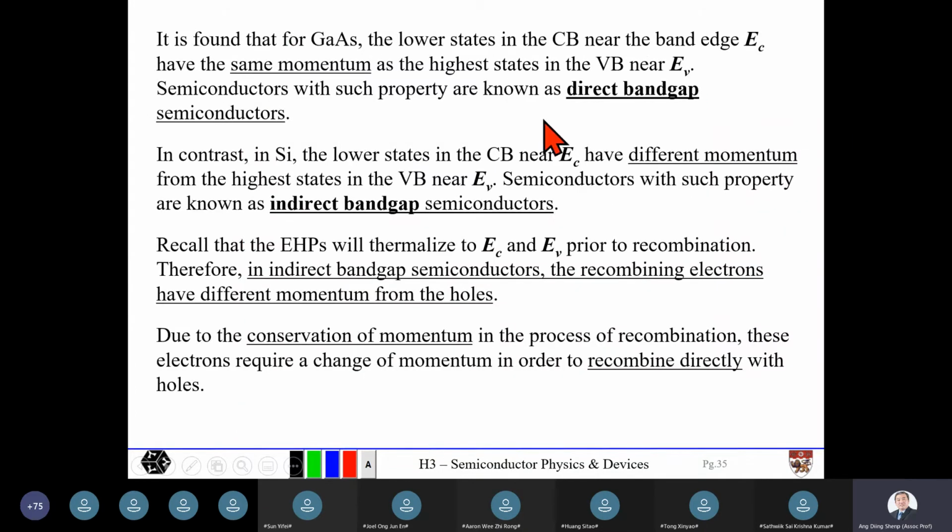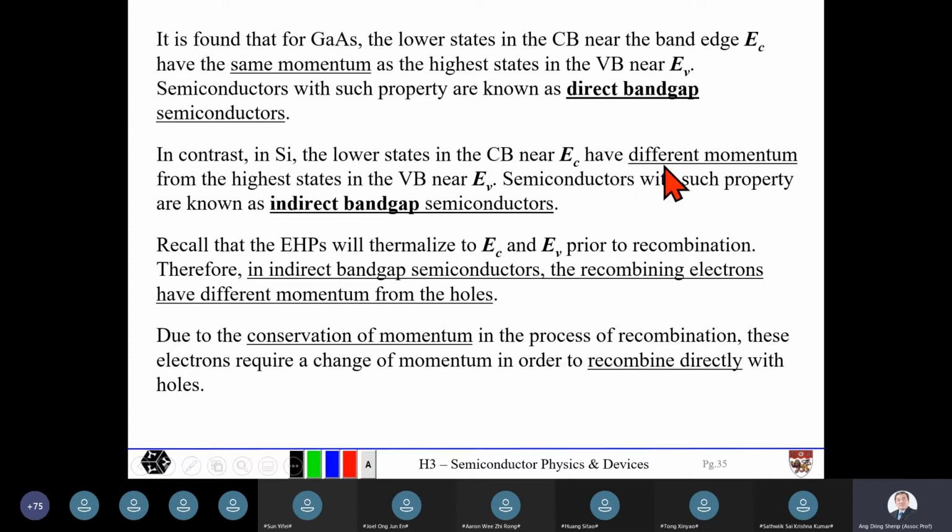So what I've said is summarized here. For direct band gaps such as gallium arsenide, the bottom of the conduction band and the top of the valence band occur at the same crystal momentum. In this case, direct recombination leads to the emission of light. Silicon, however, is indirect.